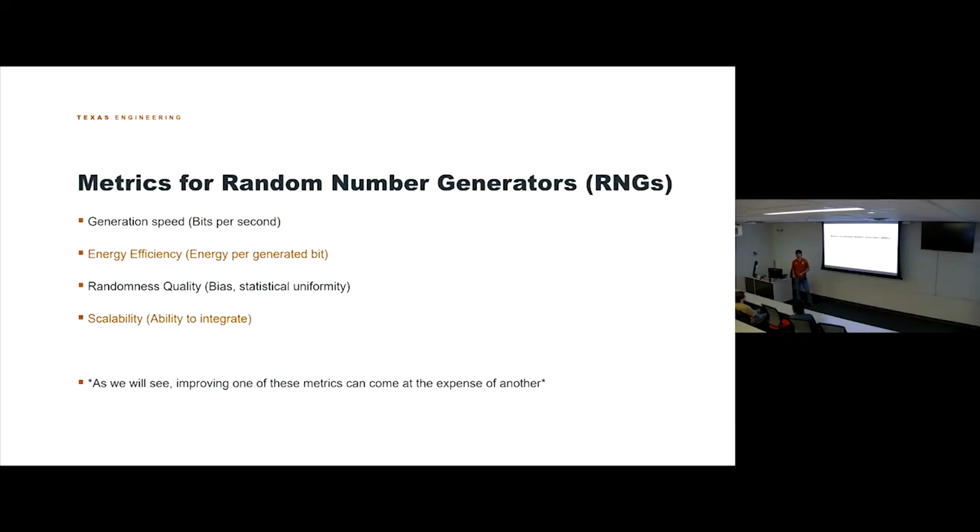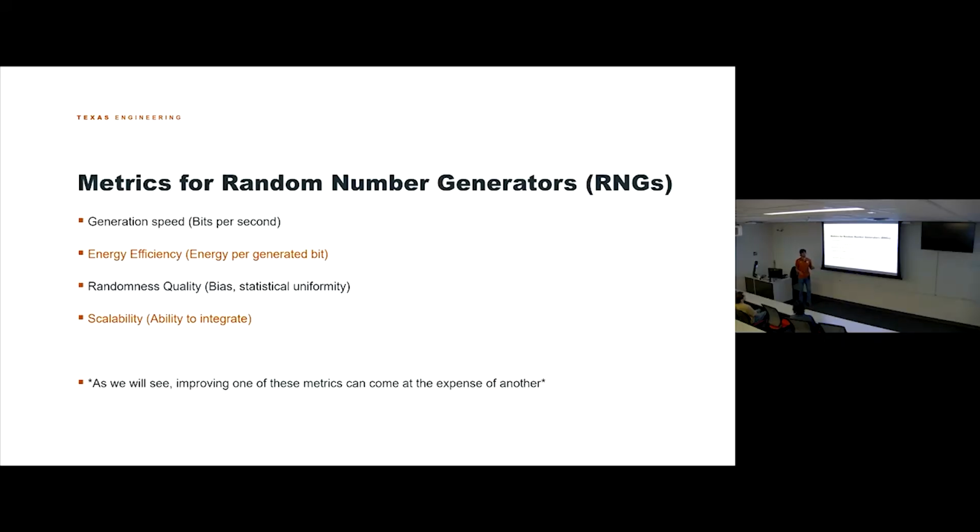The criteria for how we judge these random number generators are the generation speed, so how often we can create bits; the energy efficiency, so how much energy is used per bit made; and the quality of the bits. I won't talk about this as much, but there is specific testing of how precise you can get to make sure you're actually hitting the distribution function that you want.